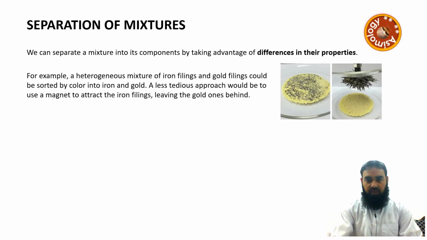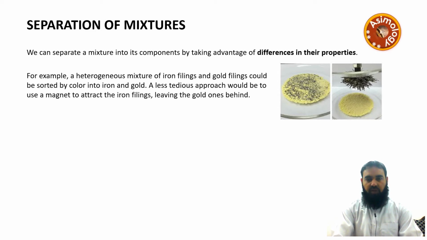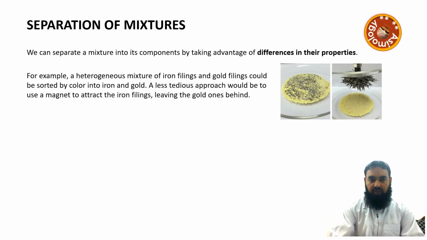But that will be a very laborious job. Instead, you can take another property as the basis for separation, like magnetism. So iron is a magnetic element.